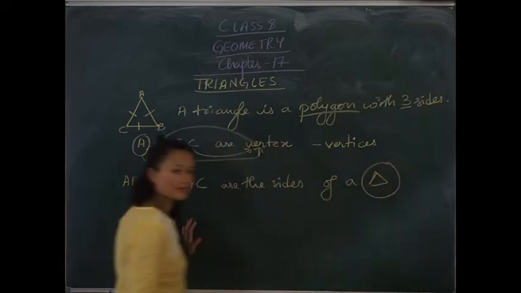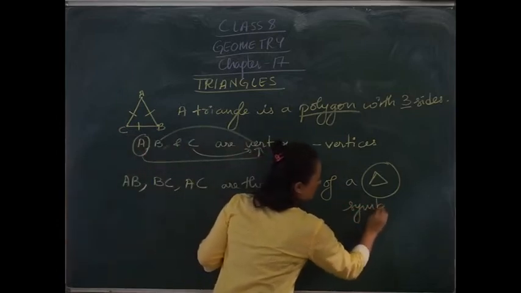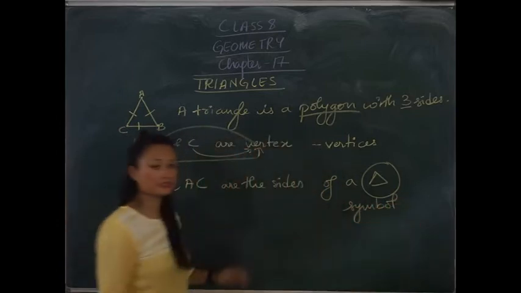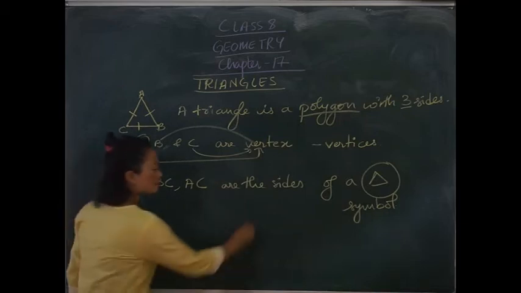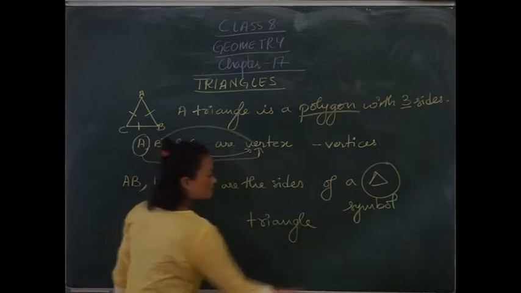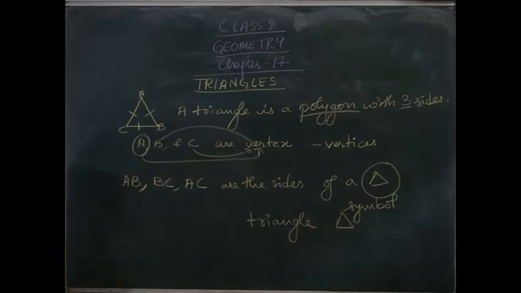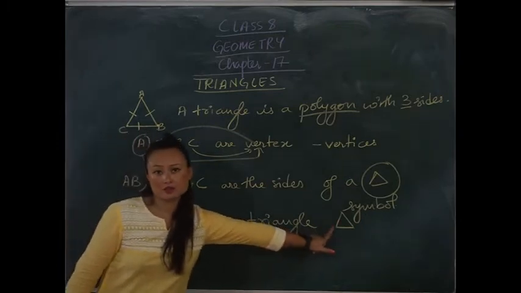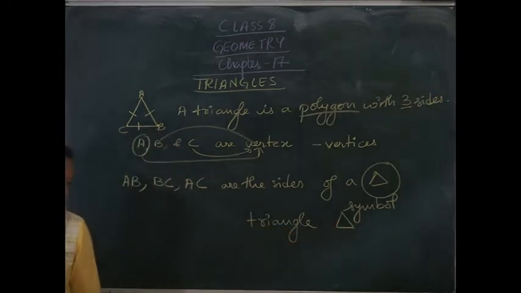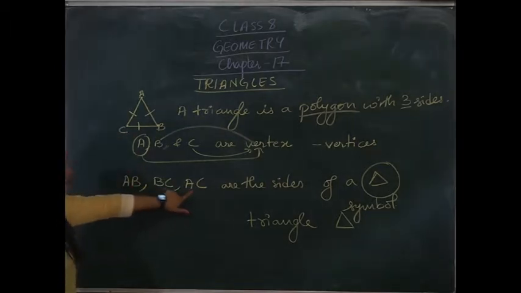Now what is this? This is the symbol of triangle. So instead of writing triangle, you can also use the symbol in mathematics. Now you understood AB, BC, AC are the sides of a triangle.